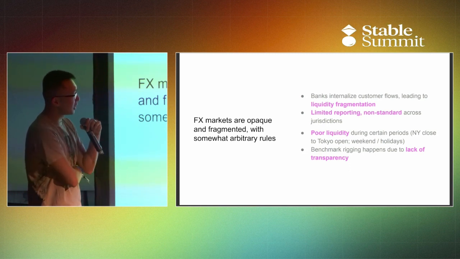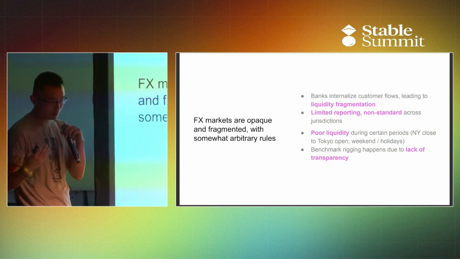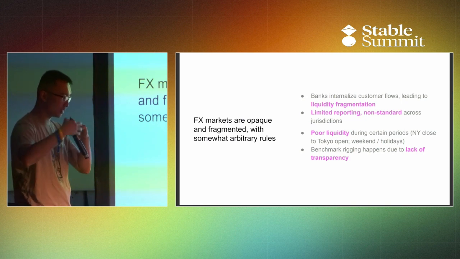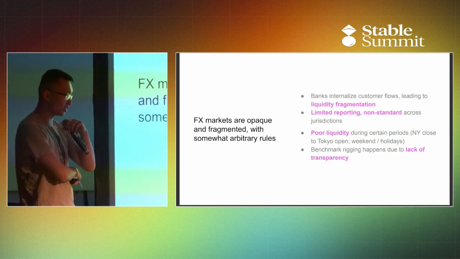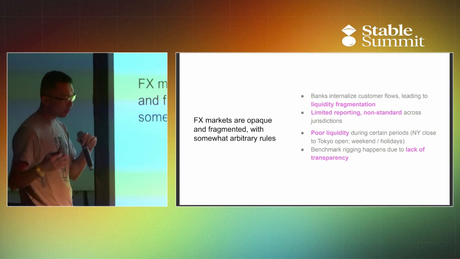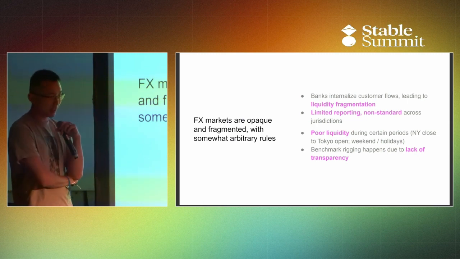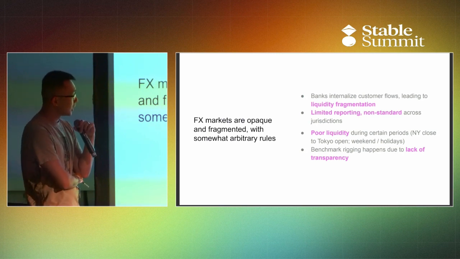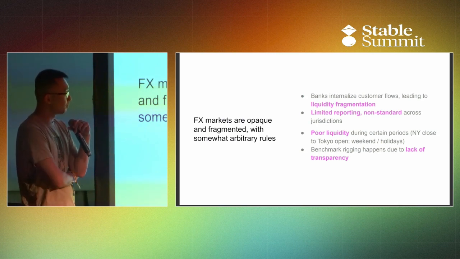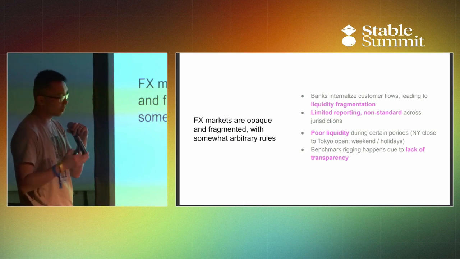Currently, banks internalize customer flows. So you trade with a bank, and the bank might just take your flow and internalize it into its inventory, and you're never able to trade through the global liquidity without setting up accounts with each bank in the world. There's limited reporting, and it's really not standard across jurisdictions.